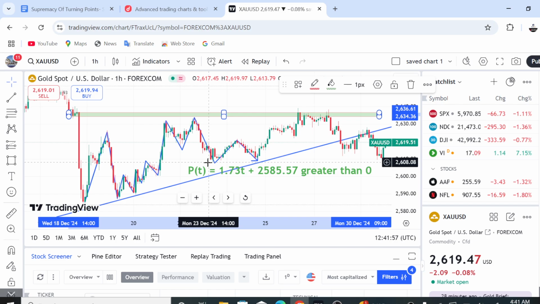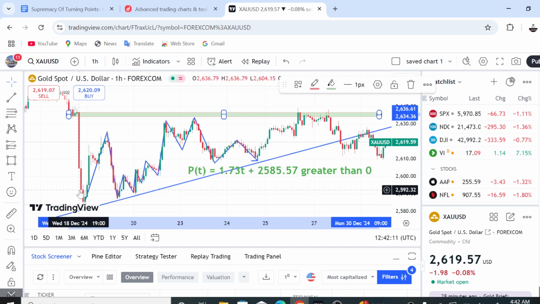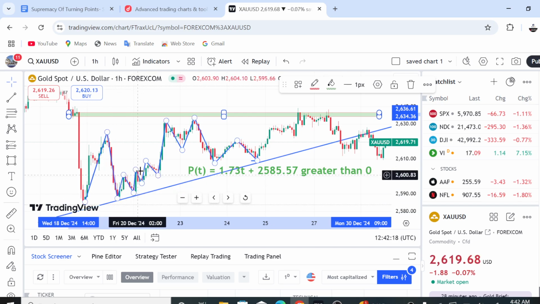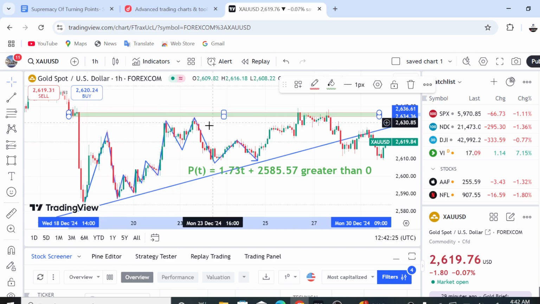The general rule of thumb again is that the market moves from left to right, and it has to complete its cycle, just like we have seasons. Every season must complete its cycle before another season will start. Now this market created this high and dropped. It couldn't take out this low, and then it started making gradual higher highs, and then reached a supply zone. We know it's a supply zone, so even if you sold here and put your SL above, you will make a profit. That one is based on market structure.